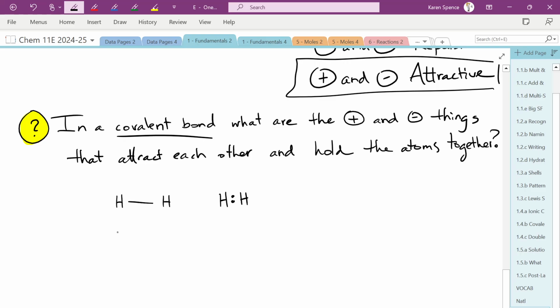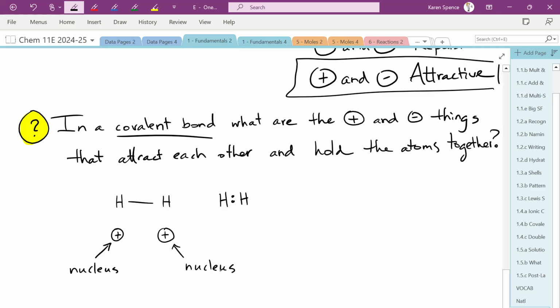So really what we have is a nucleus and a nucleus. And if that's all we had, then what would these two things do to each other? They would repel, right?